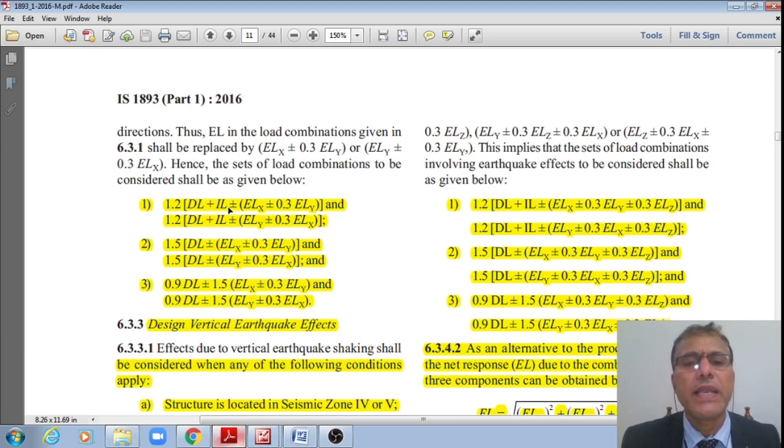Generally it is ELX, but now we would have ELX plus or minus 30% of ELY, or simultaneously ELY plus or minus 30% of ELX. That is how the dead load, live load, earthquake combinations are. Then 1.5 times dead load and earthquake combinations: 1.5 dead load plus or minus ELX plus 30% of ELY, or ELY plus or minus 30% of ELX.